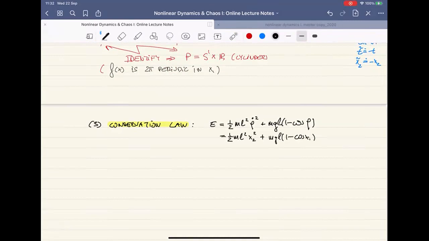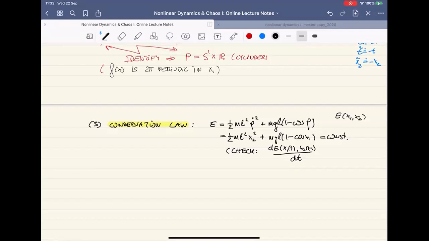So that means that this is constant. How do you verify this if you don't have the mechanical intuition that somebody tells you that this is preserved along trajectories? Well, the way to check that, in this formulation, is that you do the following. Fundamentally E is a function of x1 and x2. So you take dE, you plug in x1 of t and x2 of t, which you don't know because you don't know the solutions of these differential equations yet, but miraculously you were able to still evaluate this derivative.